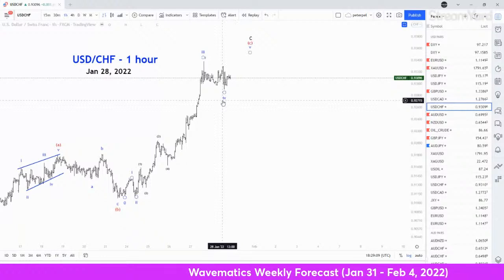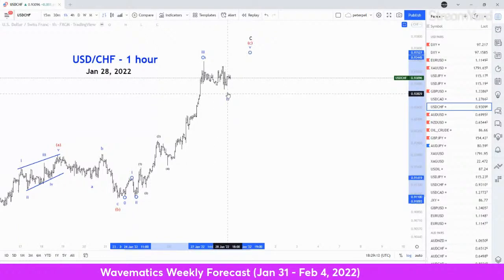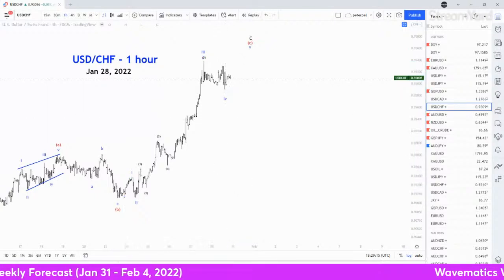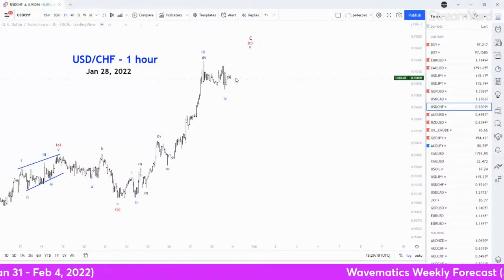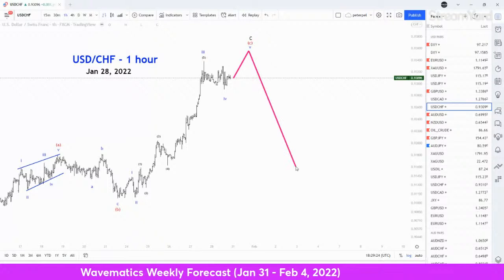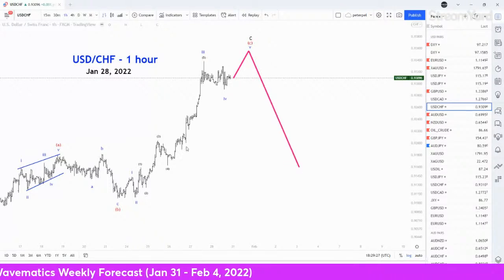Then we are anticipating this move for a correction for wave 4. So once we have that correction, we are going to have this wave 5, then a move to the downside in this particular scenario.